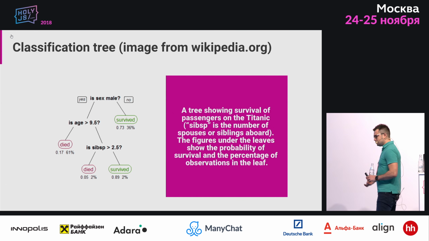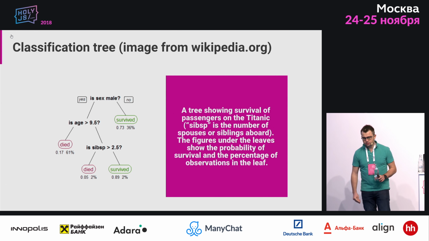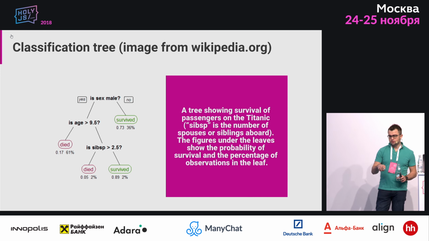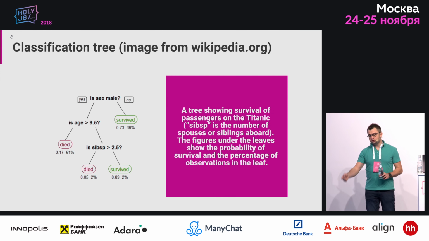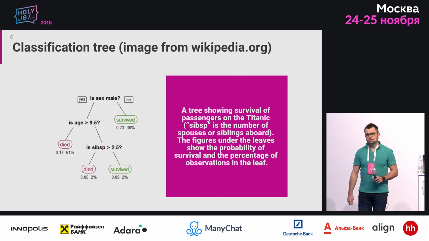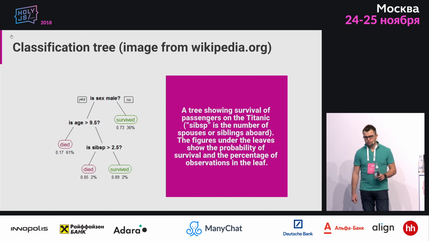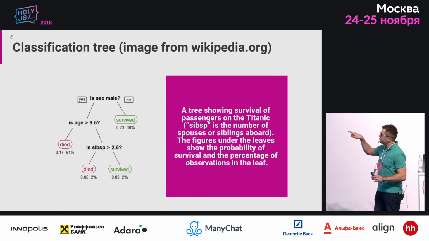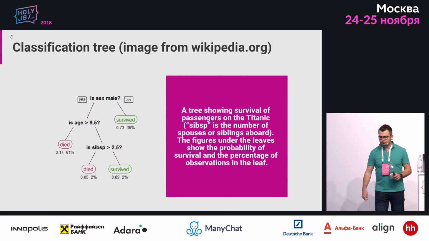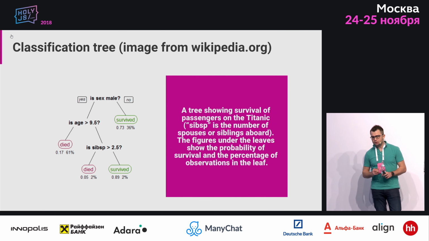So if you were younger than 9.5 years, or let's start from the different leaf. If you were older than 9.5, you probably died. If you were older than that, the other question is, no, if you are younger, the answer for this leaf would be, are you older than 9.5? No, and then there is this factor SIBS. It's the number of spouses or siblings aboard.